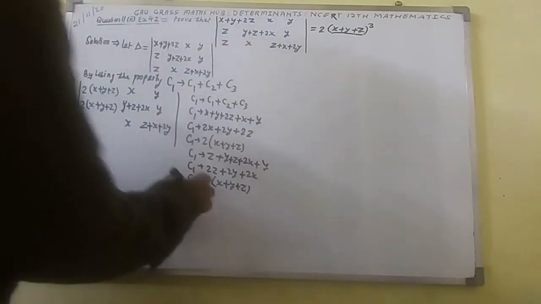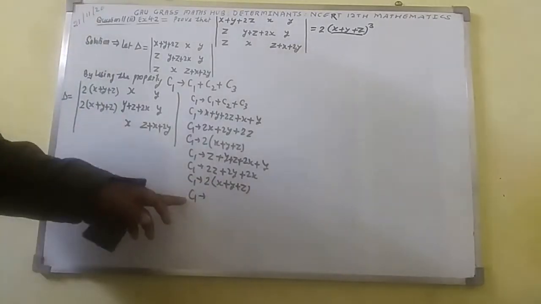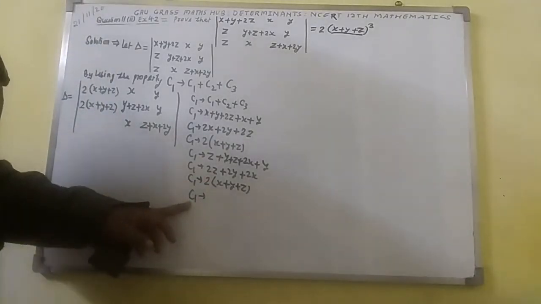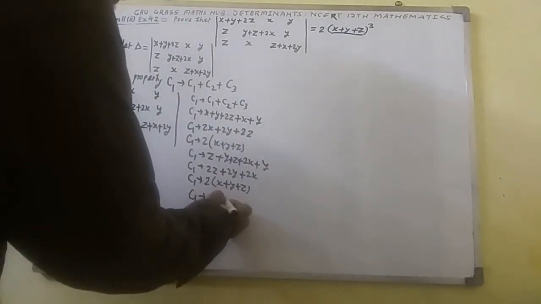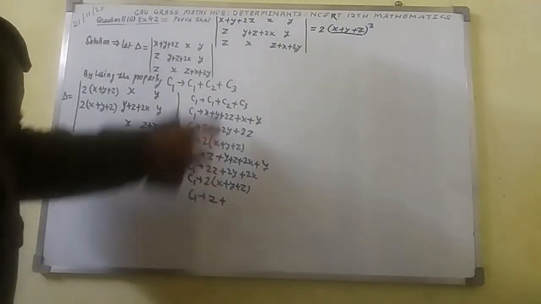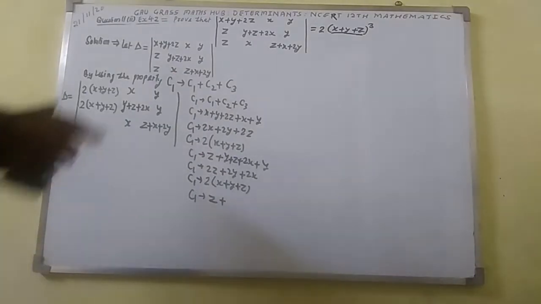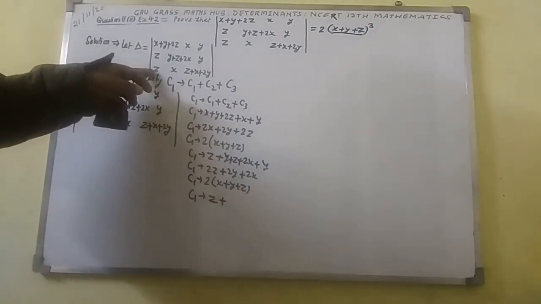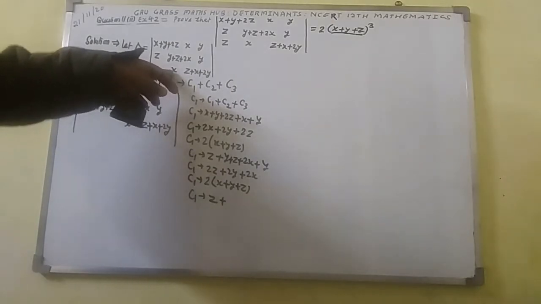and also C1 goes to, if I take the element of C1 as z, so here write z, plus. For C2, I shall refer to the second column. The corresponding element of z in the second column is x.